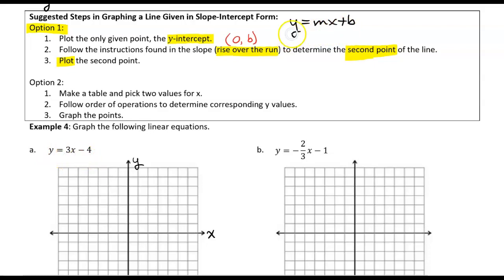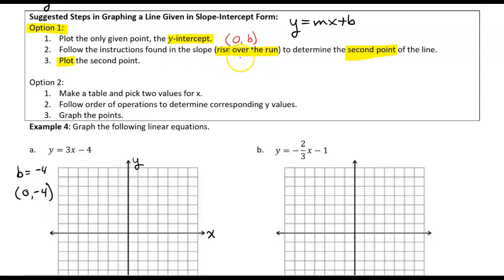Yes, and I know that not only because it's 3 times x minus 4, but because y is by itself. Remember, we said the slope-intercept form has y equals on its own. So in my option 1, I'm going to need my y-intercept. My b value in this equation is this minus 4. So as an ordered pair, I'm going to graph 0, negative 4.